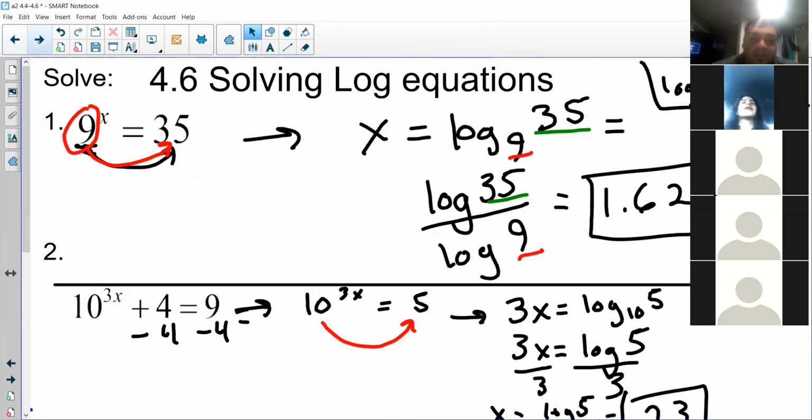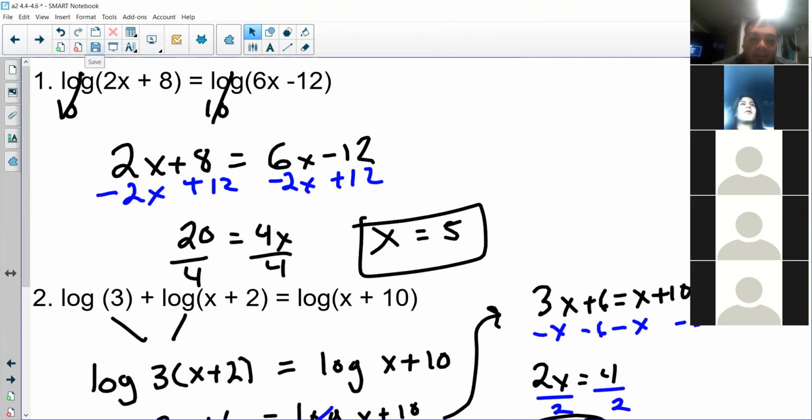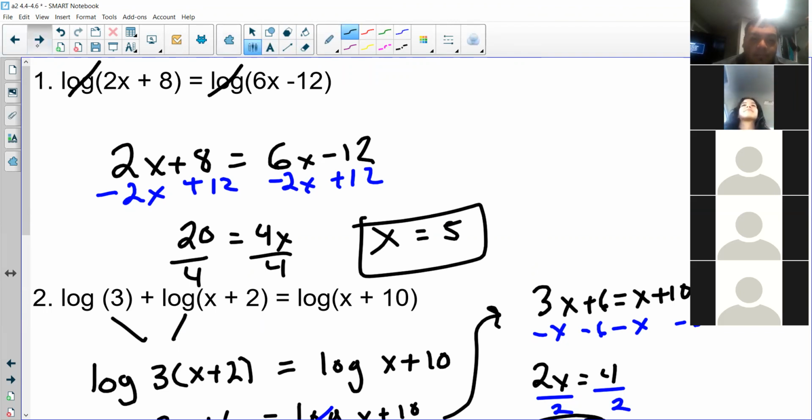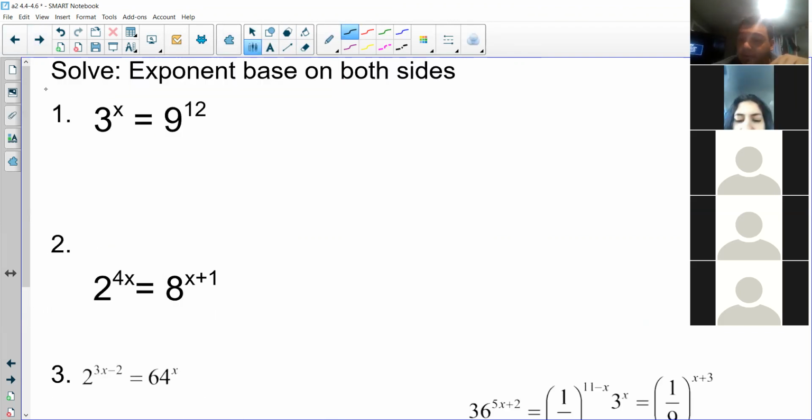In previous questions, when the log was the same thing on both sides, we could cross it out. Now, if the bases of the exponents were the same on both sides, we would be able to cross them out. But we have a problem. These are not the same. So what we're going to try to do is rewrite one of them to be the same as the other.